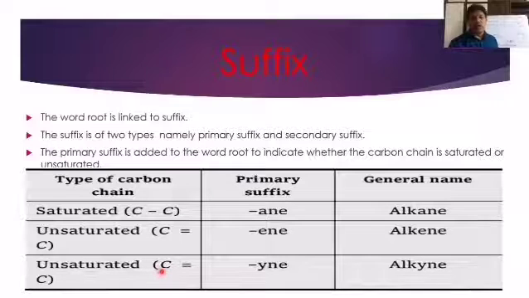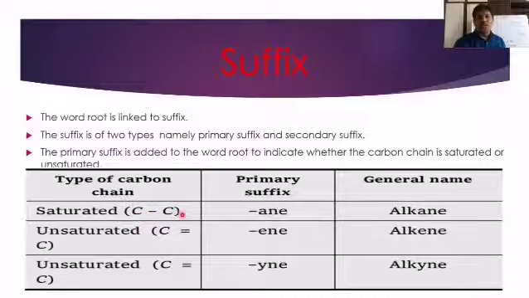So in unsaturated compounds with C triple bond C, there will be a minimum of two pi bonds, but in a double bond, one pi bond will be there, and in a single bond only sigma bonds will be there. So what we have to understand is, if at least one pi bond is there in the given organic compound, it will act as an unsaturated organic compound. If all single bonds are there, it is a saturated organic compound.